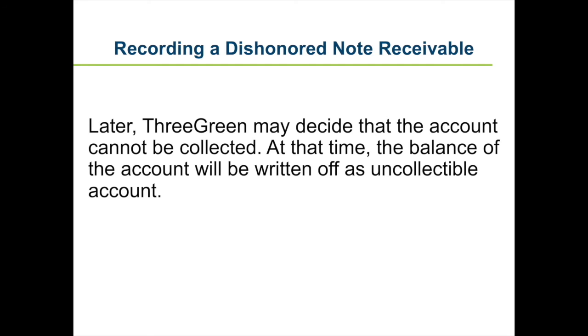You give them a certain period of time to pay off that loan, 90 days, 120 days, whatever it may be, and then it is time to collect. Sometimes you collect that note, and so you will receive payment like we just had, and sometimes you will not collect that note. So once you cannot collect that note, then what you have to do is put the amounts back into their accounts to show that they still owe that amount. Hopefully that wasn't too confusing.